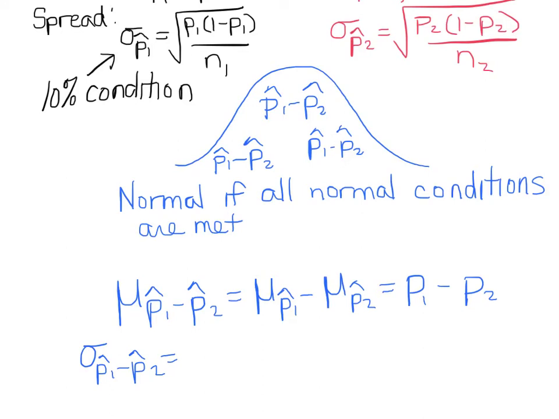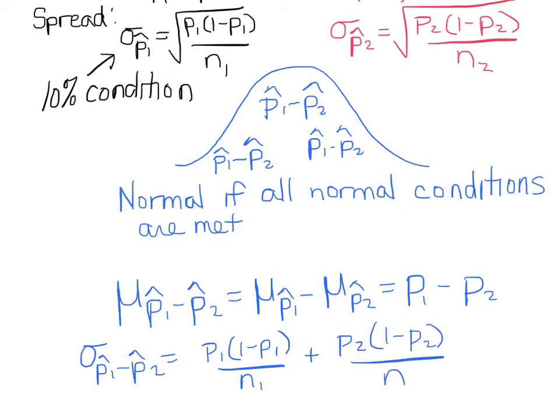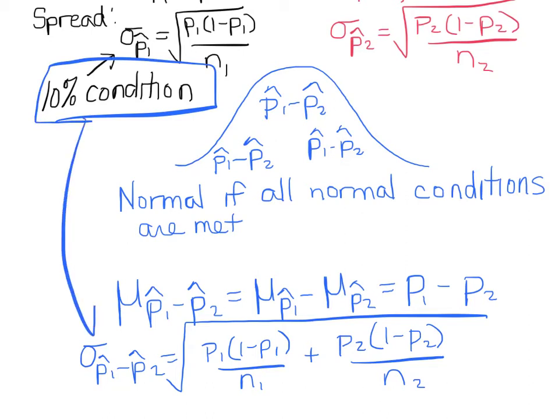By squaring them, I really just get rid of the square root. So it would be P sub 1 times 1 minus P sub 1 over N sub 1 plus P sub 2 times 1 minus P sub 2 over N sub 2. Okay, like I just said, I just square them, I add them together, and then I take the square root. And that gives me the standard deviation. And remember, the 10% condition also must apply.